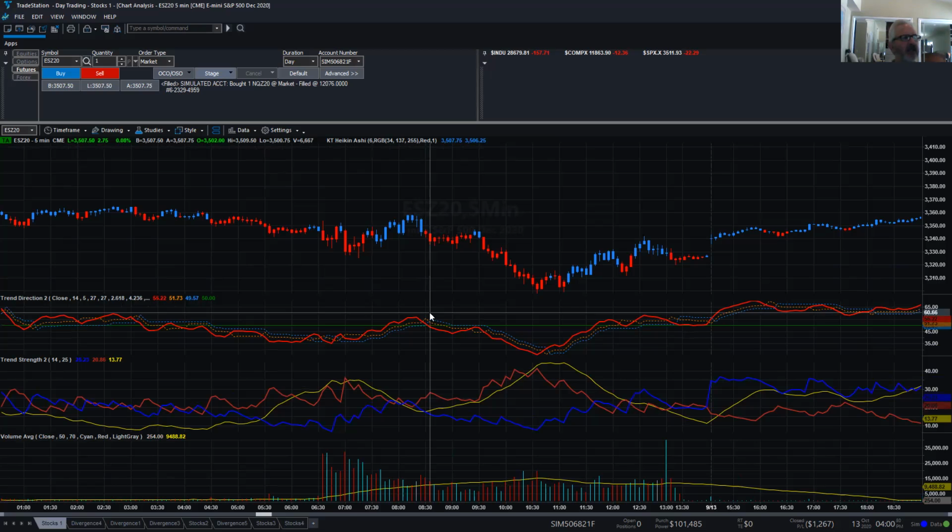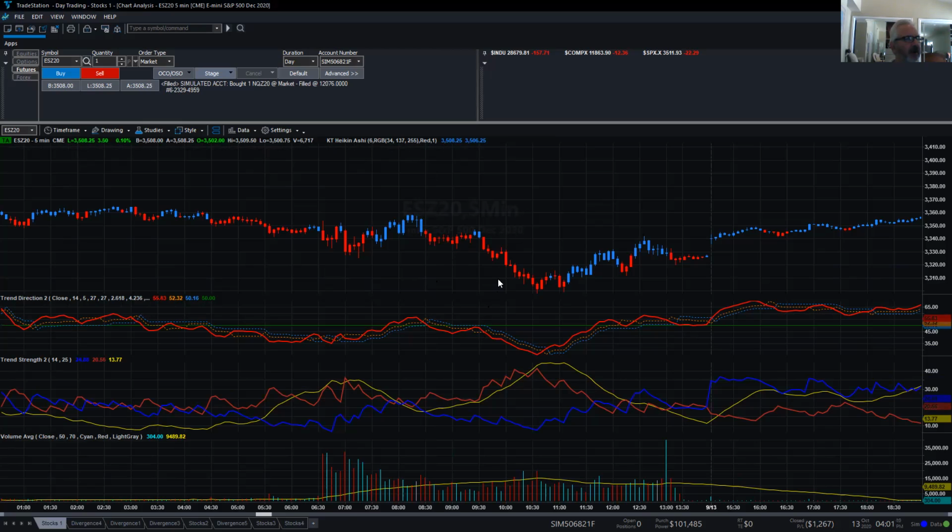Our system is telling us that right here on this bar, there is a trade. The difference between waiting for the bar to close and waiting for the bar to open is the entire difference in the trade. Okay.